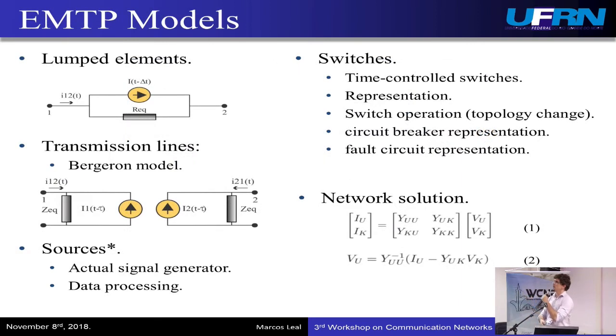So here we have the models used to model the power system. The lumped element can be viewed mathematically as a current source in parallel with an equivalent resistance. The transmission line implemented in this work was the Bergeron model.